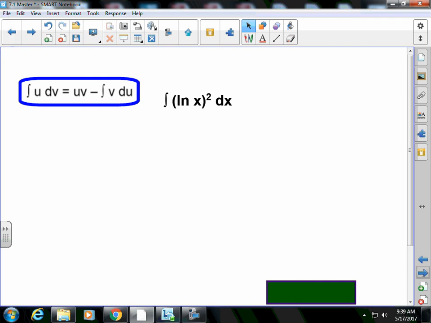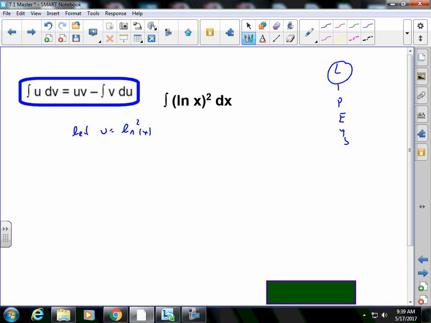I could say, well, using LIPET, logs, let u equal the natural log of x squared. du is equal to 2 times the natural log of x times the derivative, 1 over x. dv, that's just dx, and v is equal to x.